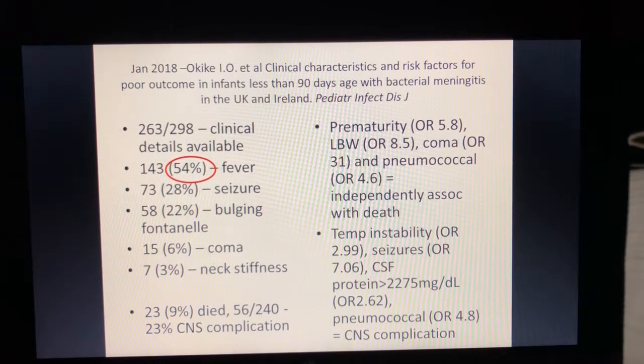And in this cohort, 9% of the infants died, and 23% had CNS complications, which included either developmental delay, motor delay, new onset epilepsy, hydrocephalus, or hearing delay.